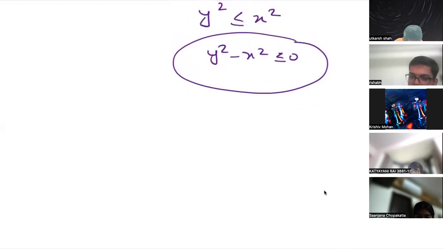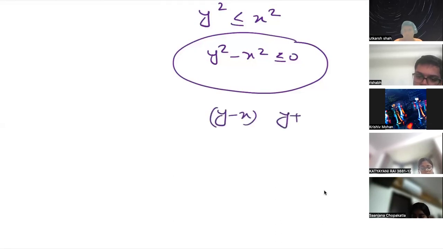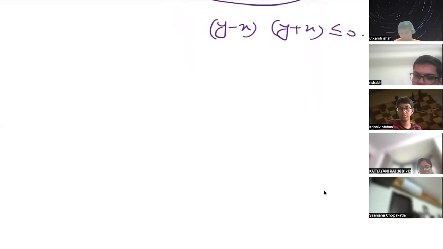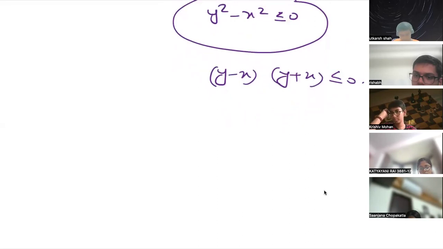Done, everyone? May I start? So should I set the graph? See, this is y minus x and this is y plus x less than equal to 0. So what we are doing here, we are saying either I can go with this, right?